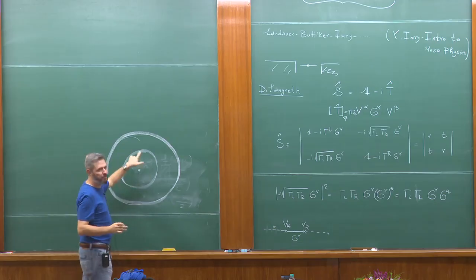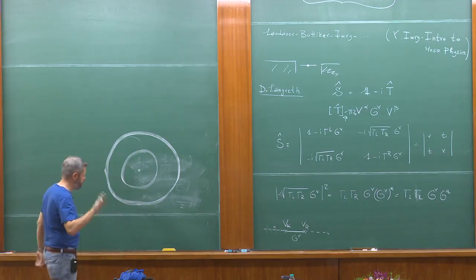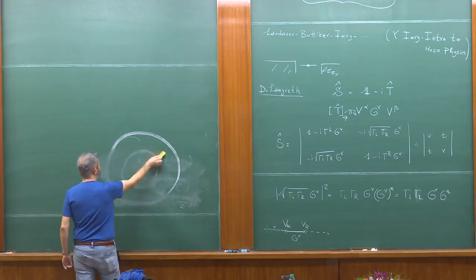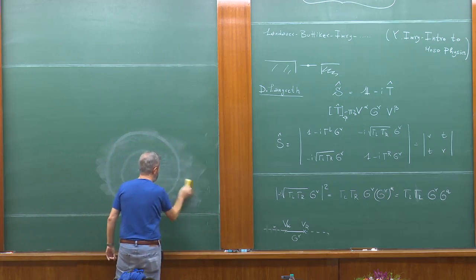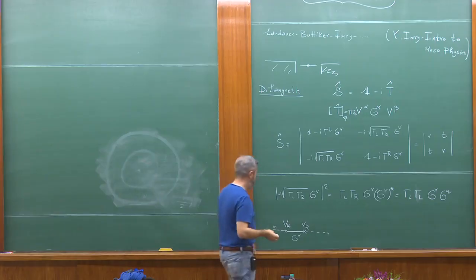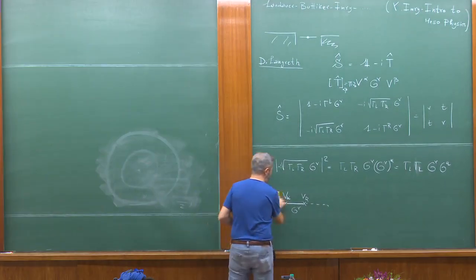If you put the two boundaries, then it gets more complicated. So it's a bit of a problem.